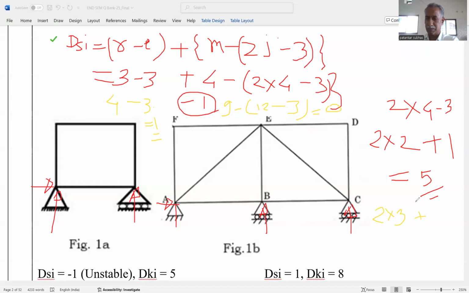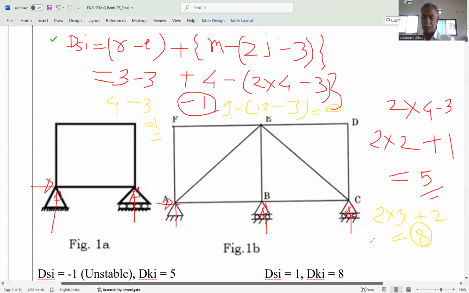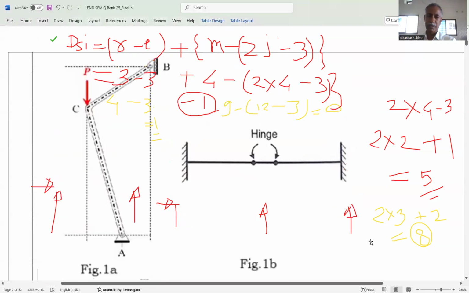Similarly at C, same. That's why 2. So 3 multiplied by 2 plus 2. So it is 8. So the degree of kinematic redundancy is 8. So this is related with the static and kinematic redundancy for the beam, frame and the column.